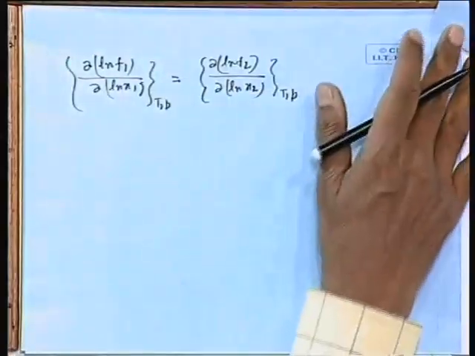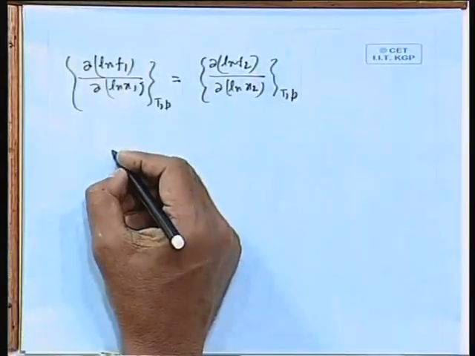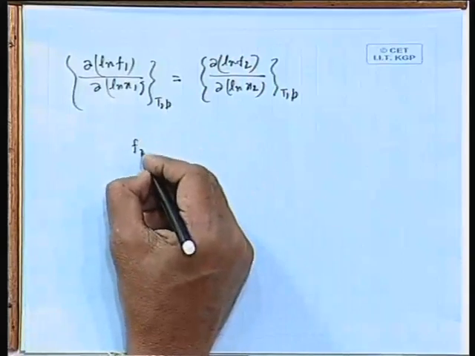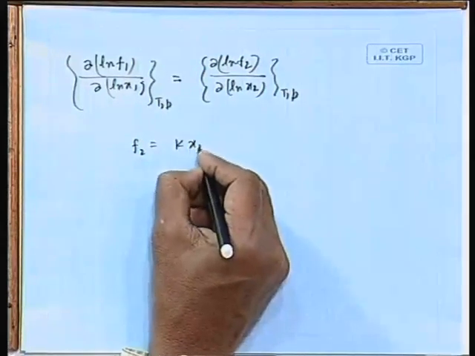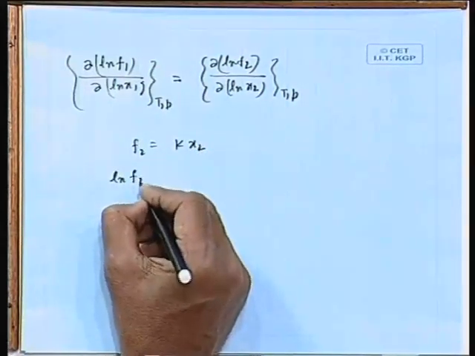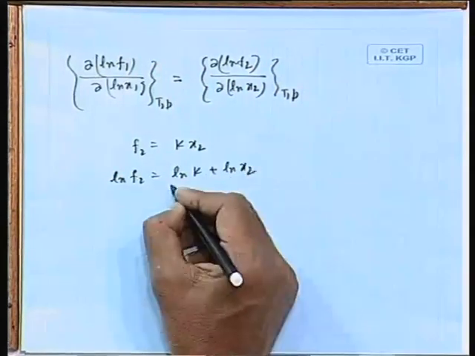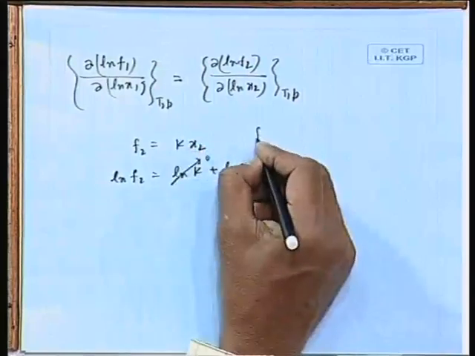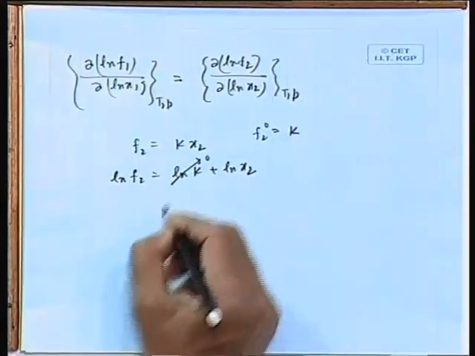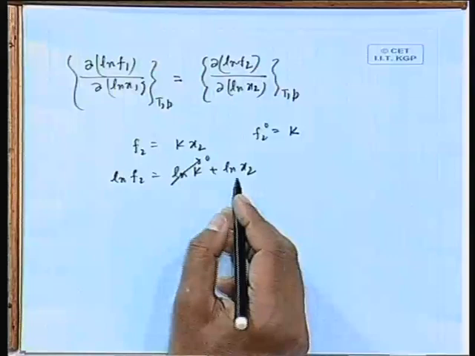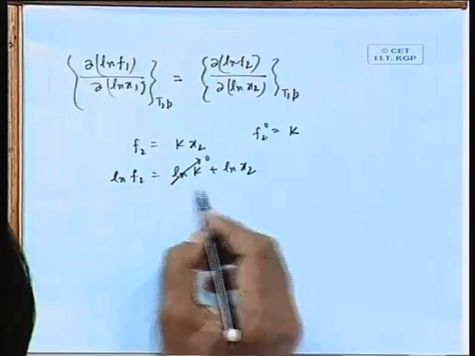Then what we can write, that F2 is Kx2. So, ln F2 is ln K plus ln X2. So, K is constant, and this K is F2 0, for the solute. Already you know, it is behaving as an ideal solution, that is Henry's law.